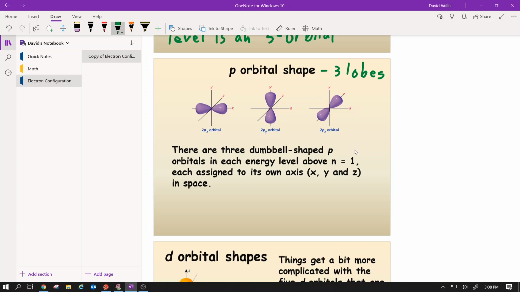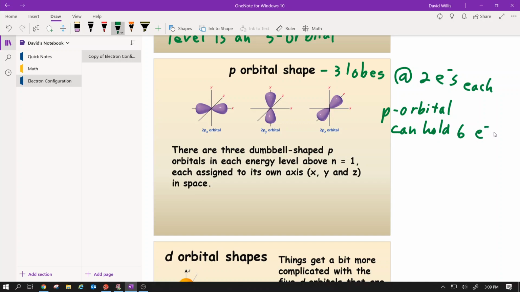Now, each one of those lobes can hold 2 electrons, which means a p orbital can hold a total of 6 electrons. Yes, put that the p orbital can hold 6 electrons total.